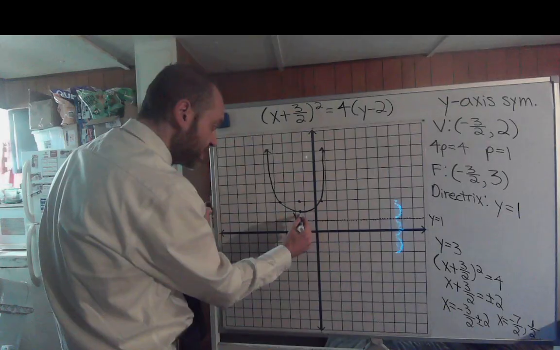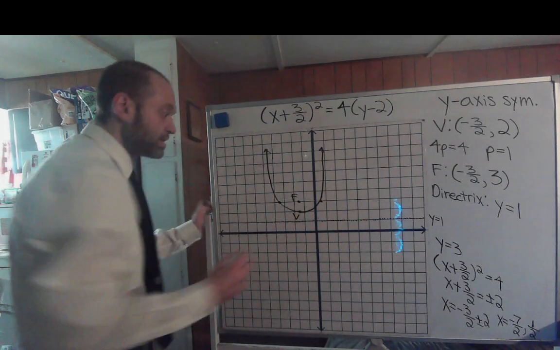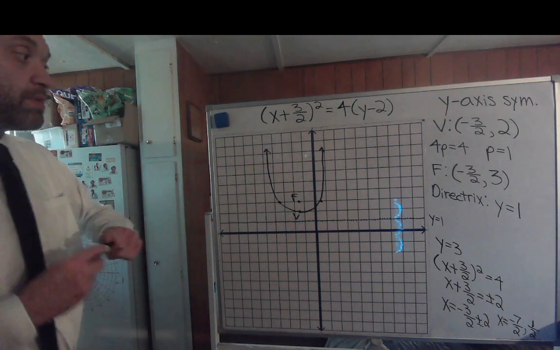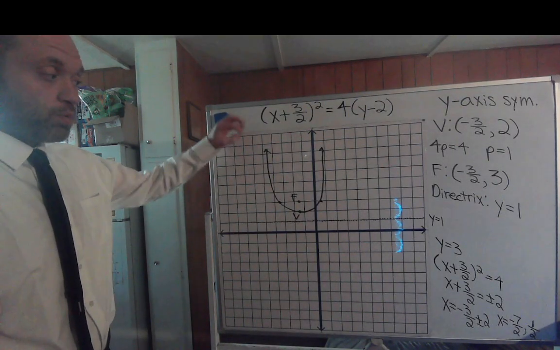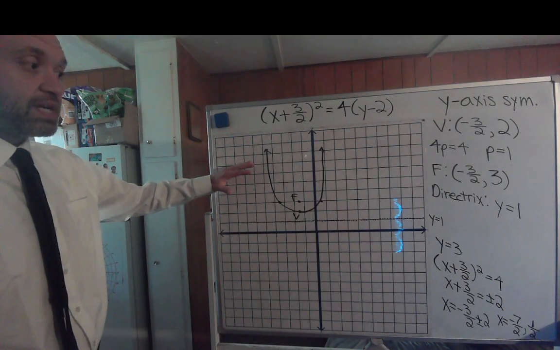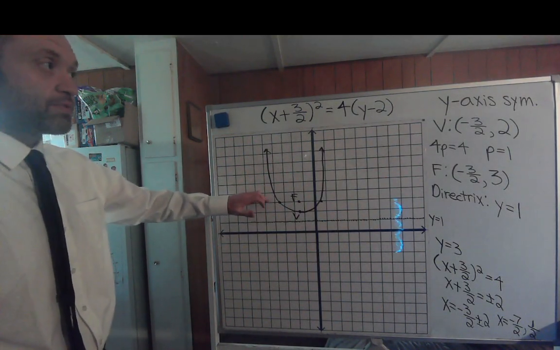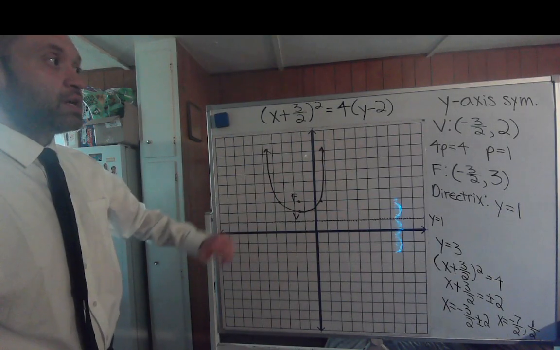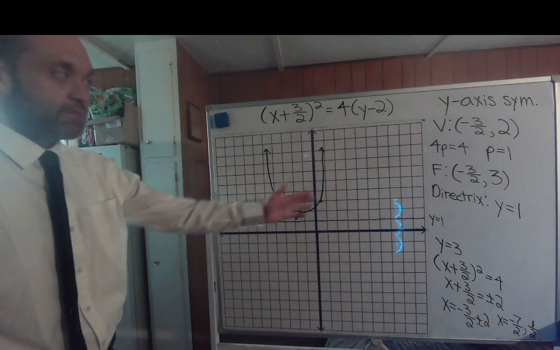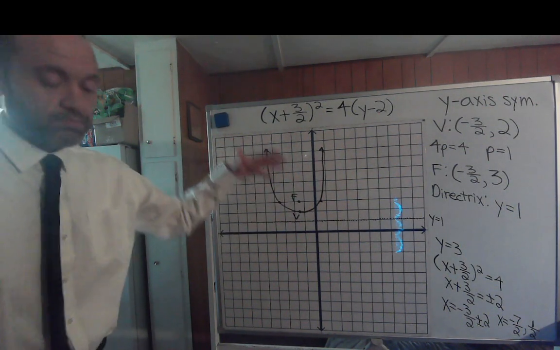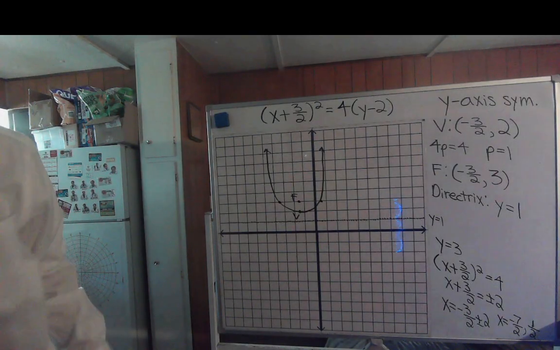Here's my vertex. Here's my focus. So that's what this parabola is going to look like. It opens upward, but it's significantly shifted because the vertex is at -3/2, 2. Then I have my focus, and then I have my directrix. And I just picked a couple other points to make this curve look more accurate.